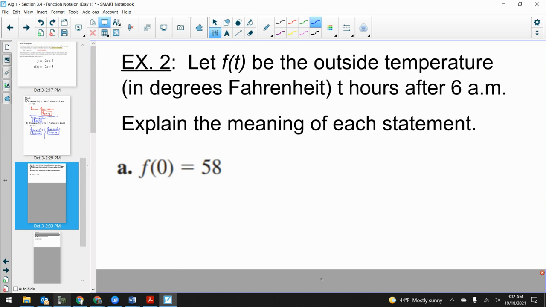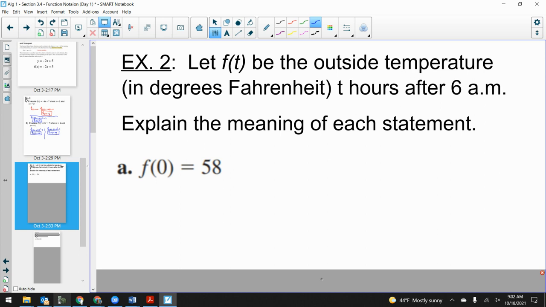So what does this mean? What does f of 0 equal 58 mean in this context? Well, what is in the parentheses? 0. That means at time 0, at starting time, what's the temperature? 58 degrees.